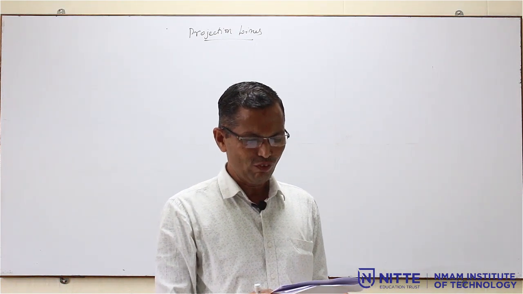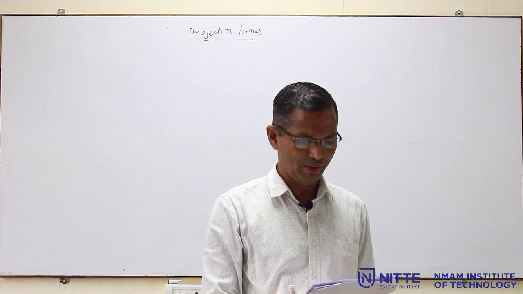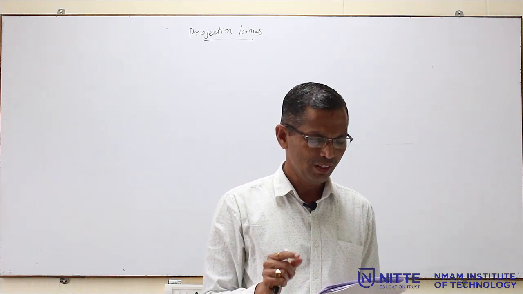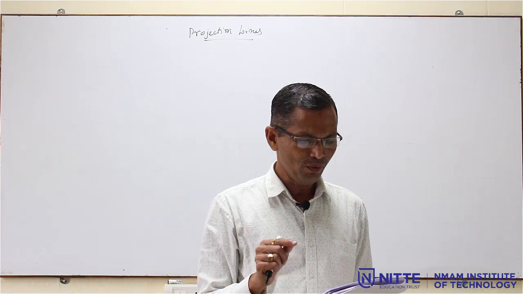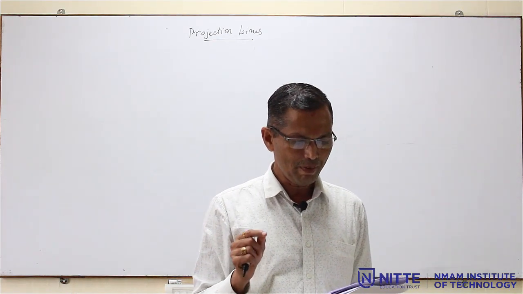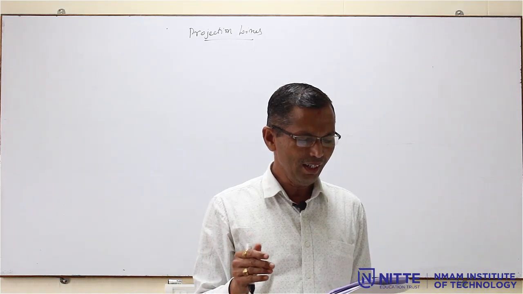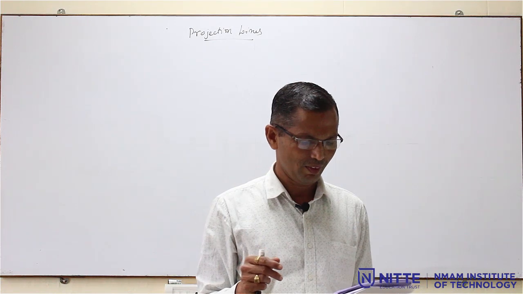The end P is 40 mm in front of VP and is on HP. So, I will repeat once again. The top view of a line PQ 80 mm long measures 60 mm. The end P is 40 mm in front of VP and is on HP.